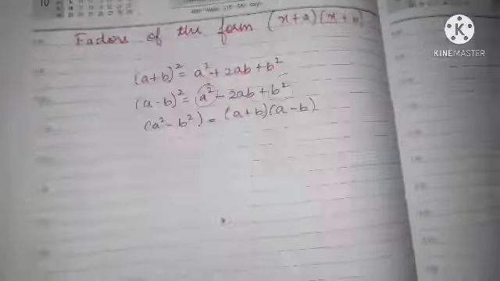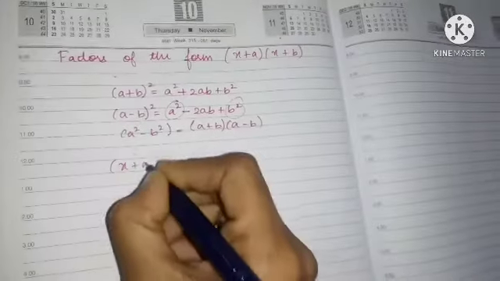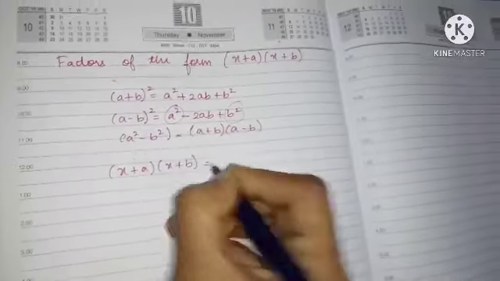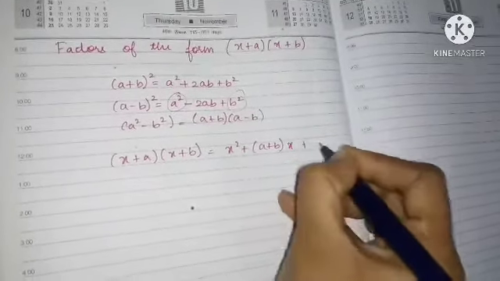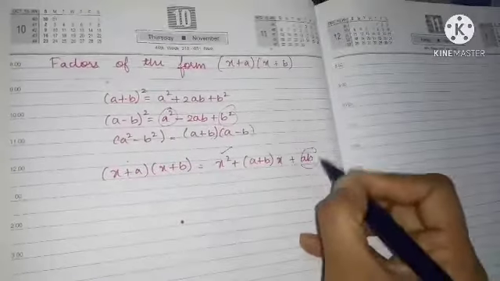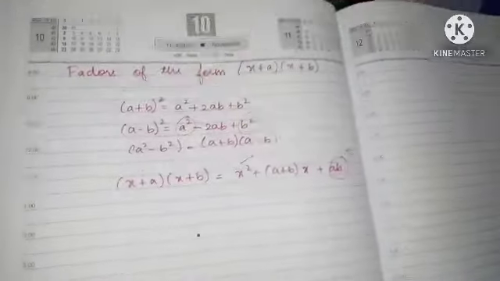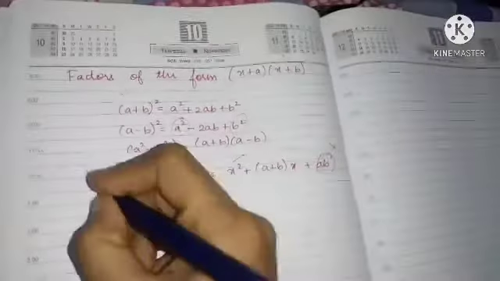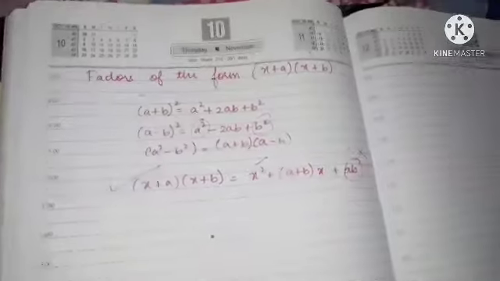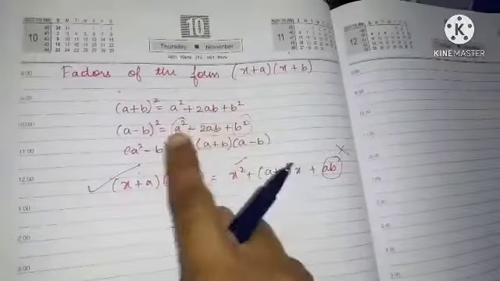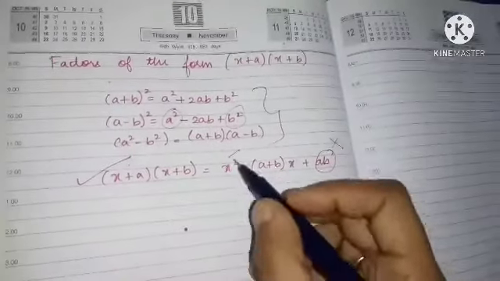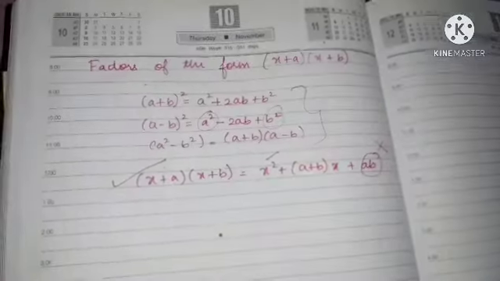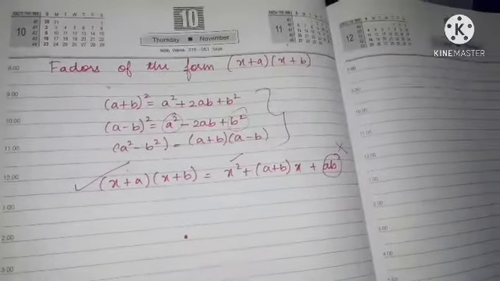For that we will use the identity x plus a into x plus b is equal to x square plus a plus b into x plus ab. See, here you will get x square, but the last term is not a perfect square. So in that case, you will use this identity. Keep it in your mind, children. If both first and last terms are perfect squares, you can use these three identities. But sometimes the first one is a perfect square and the last one is not, you will use this identity.